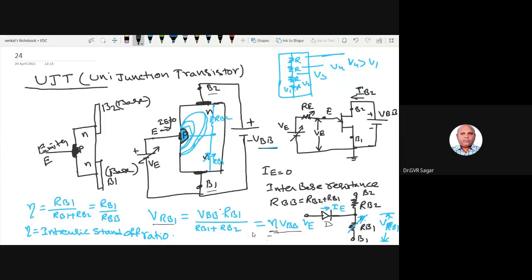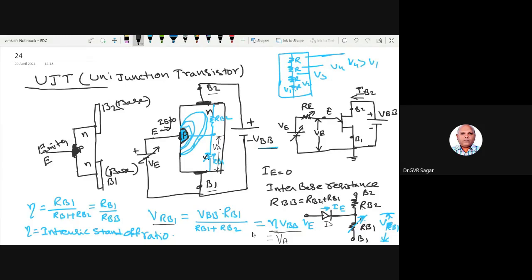So coming to the operation, this voltage VRB1, which is eta into VBB, I am calling VA. VA is the voltage existing across RB1.